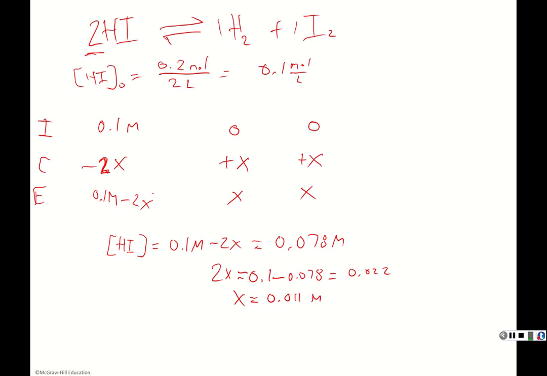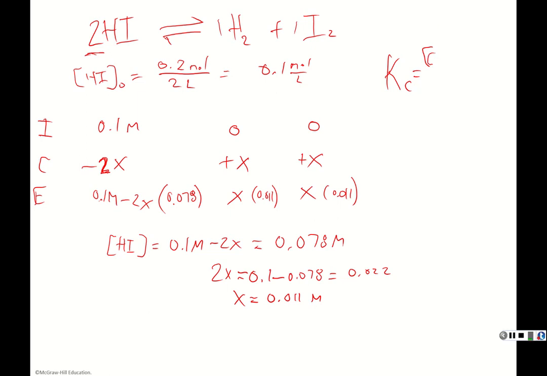So our concentrations at equilibrium for HI are 0.078 molar, as given, and both of our products, as we just calculated, are 0.011. Now we can solve for our equilibrium constant, K sub C, and remember that's just our product concentrations over reactant concentrations.